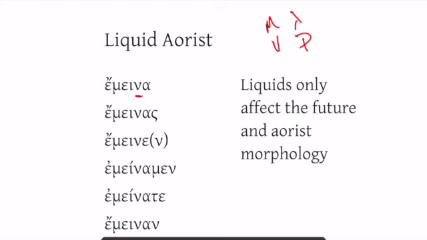These are very similar to what we see in the first aorist, but instead of sa, sas, sen, samen, sate, san, that sigma drops off, and so you have a, as, e, amen, ate, an. You just have to be able to identify that you're dealing with a liquid verb, and that's really going to help you deal with these aorist verbs.